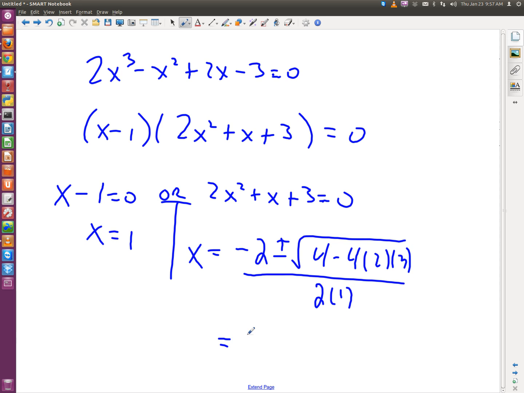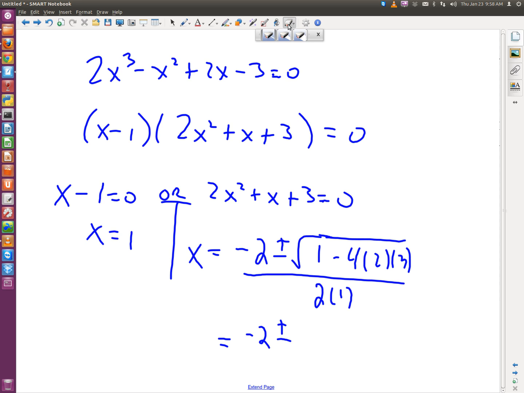and you get -2 plus or minus, well, that's 4 minus what? 4 minus 24. Wait, this is wrong. B squared is 1. Sorry, I copied the 2. Whoa, I squared the 2. Yeah, that's a 1 squared, right? Okay. So 1 minus what? 4AC. It's the B that I messed up.